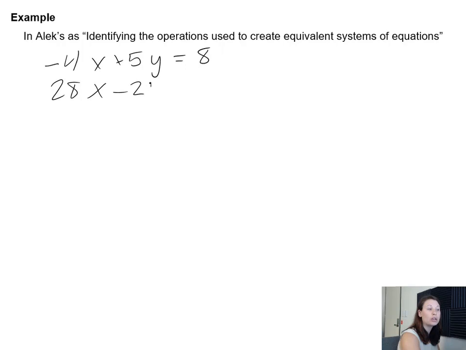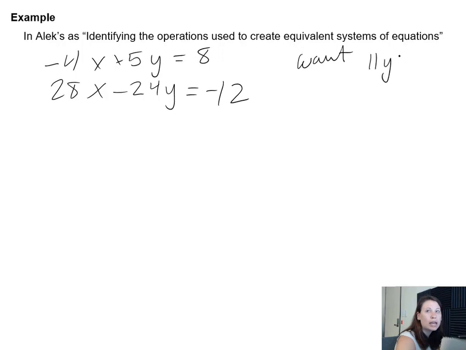Okay, so if we have the equations negative 4x plus 5y is equal to 8 and 28x minus 24y is equal to negative 12. What did we do here? Well, we want 11y is equal to 44.